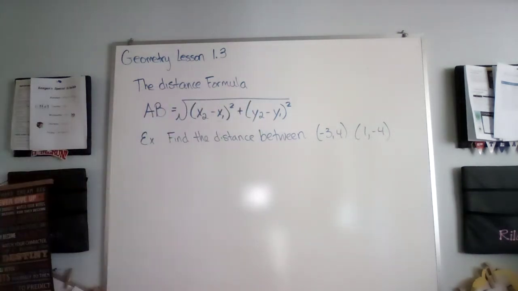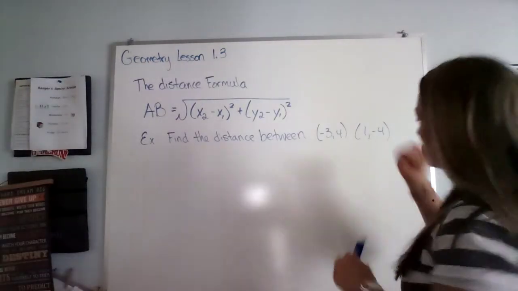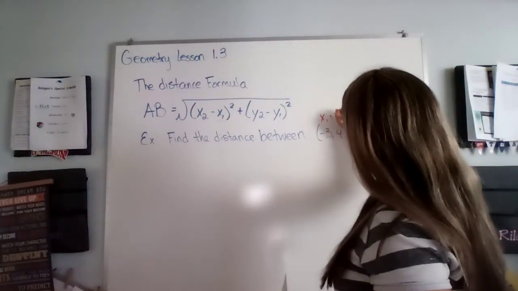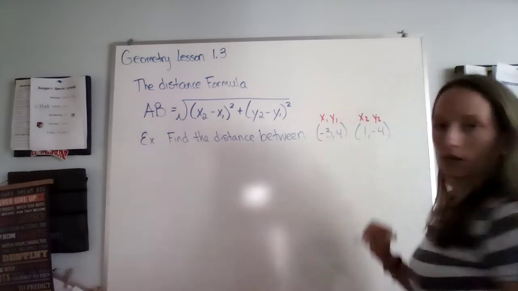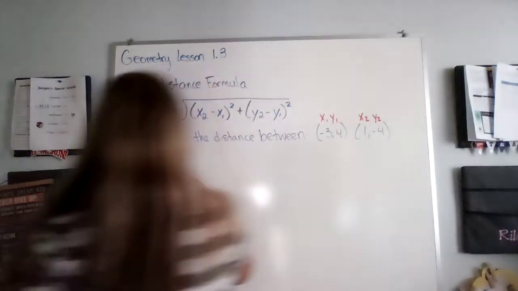What you can do if you're going to use the formula is label one of the coordinates x1, y1, and the other coordinate x2, y2, all right? And then plug into the formula.